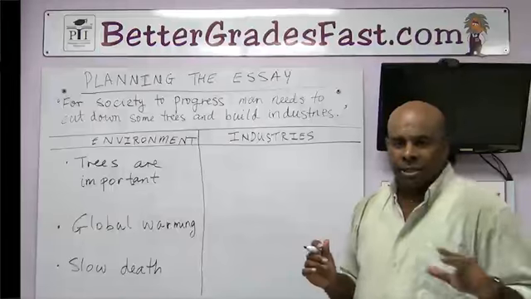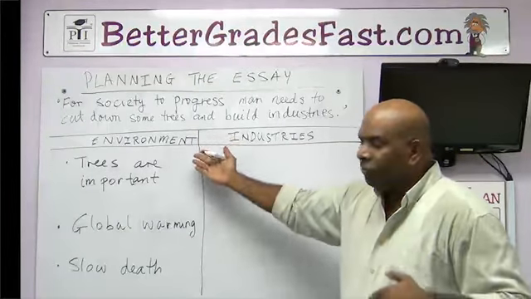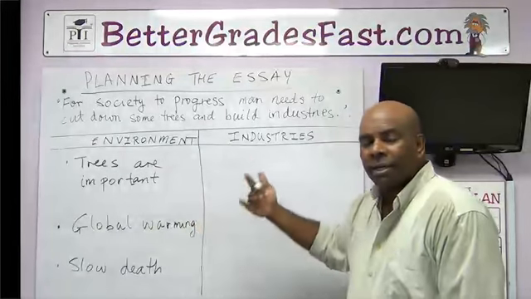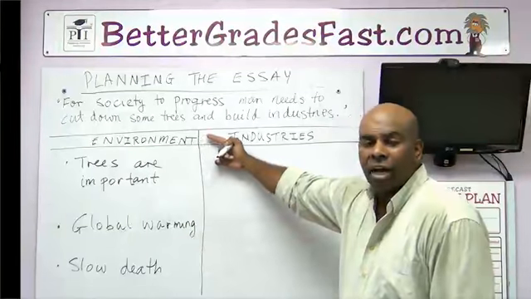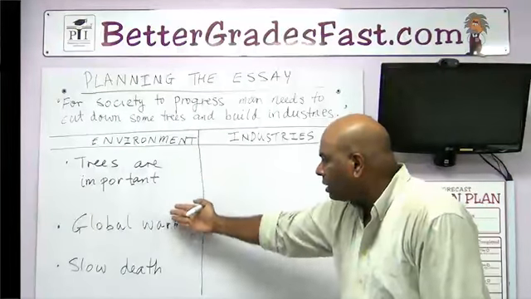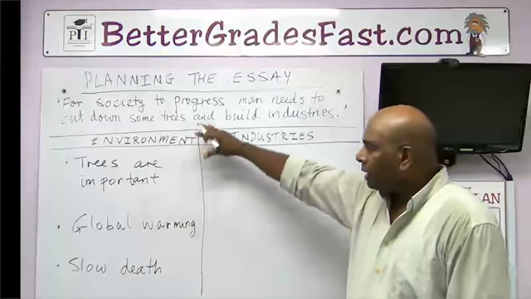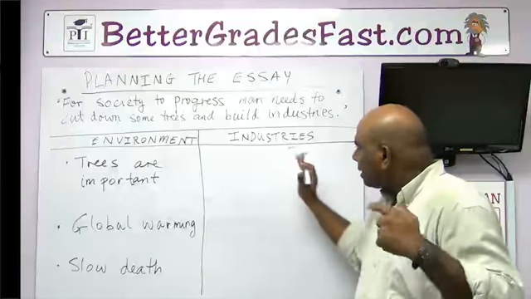Cut down the trees, for example, the Amazon rainforest, we won't be able to have clean air, pollution. We have global warming, catastrophes. So we are killing ourselves when we kill the environment. So these are points that we write down when we are planning our essay, and these are points for the environment.